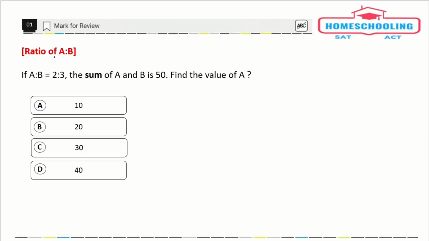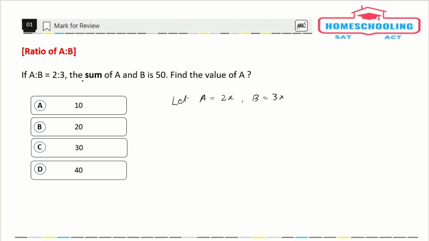In question number 1, let's take the first type of question where we have two ratios, A is to B. It says that if A is to B is equal to 2 is to 3, so the ratio of A and B is 2 is to 3. The sum of A and B is 50. Find the value of A. So let A be 2x and B be 3x.